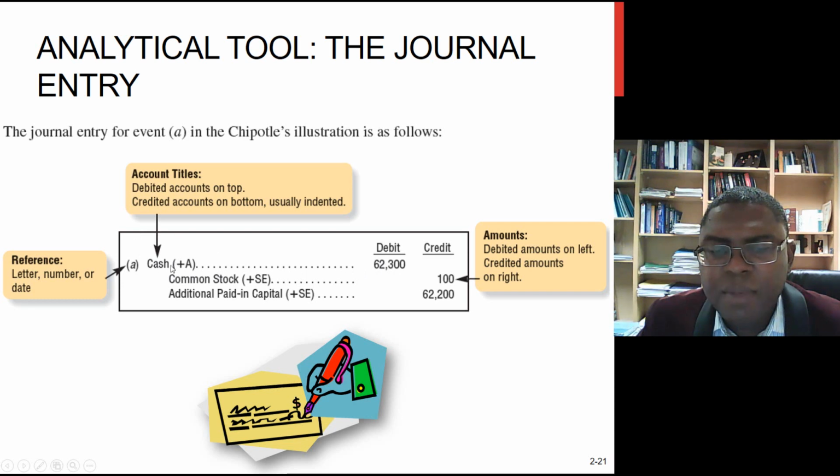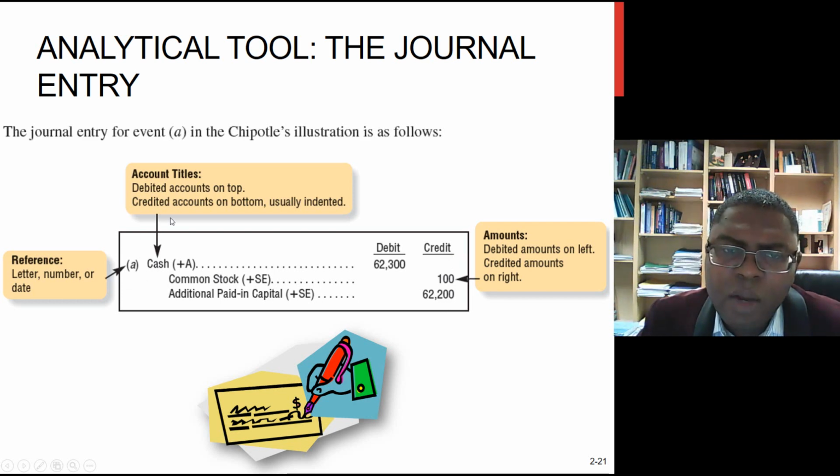Cash has a debit balance, so we start with cash. We put the amount 62,300, and then common stock and additional paid in capital. These are both equity accounts and they have a credit balance. Increases in equity accounts receive a credit, so we put them under the credit side.